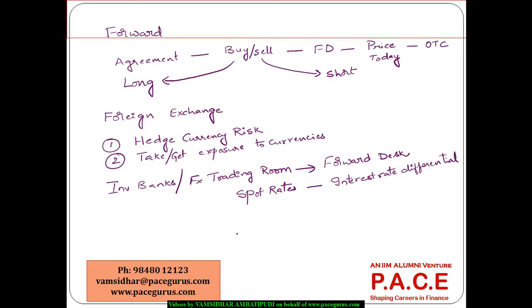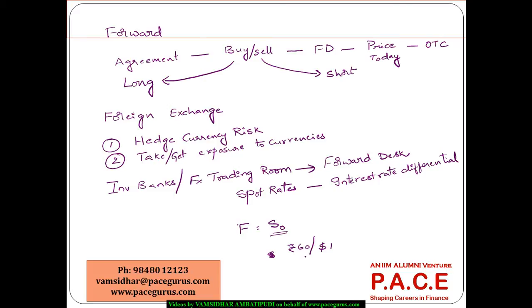And what we typically see is, whenever I talk about a forward exchange rate, we take it as a spot rate, which is expressed per one unit of the foreign currency. So probably I can say 60 Indian rupees per $1. So the spot rate is going to be 60.